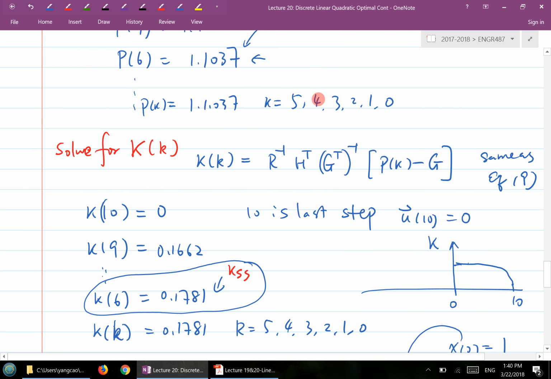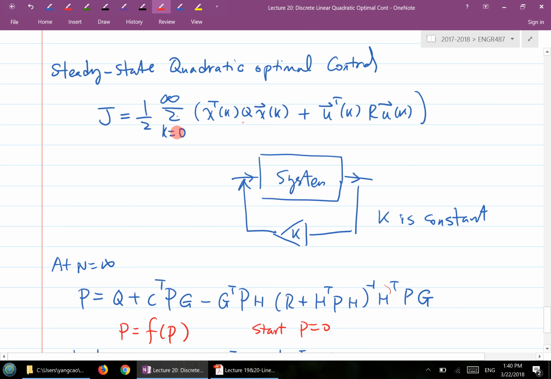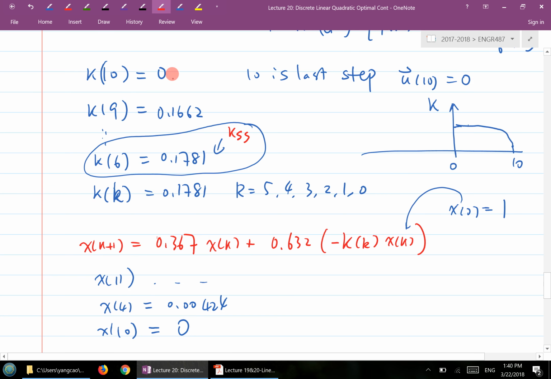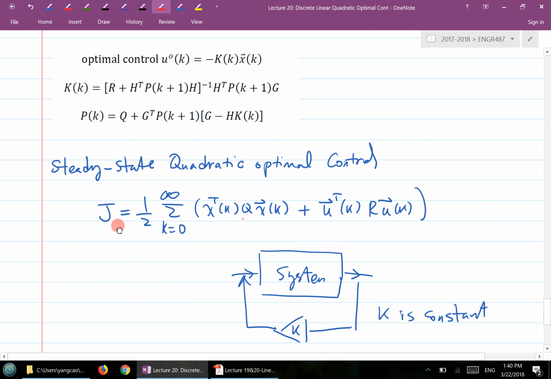But when it comes to the infinite horizon, the first few steps really don't have that much effect anymore, because typically they will settle down. You see here, they settle down very quickly after a few steps. So that minor effect shouldn't affect your J that much anymore.